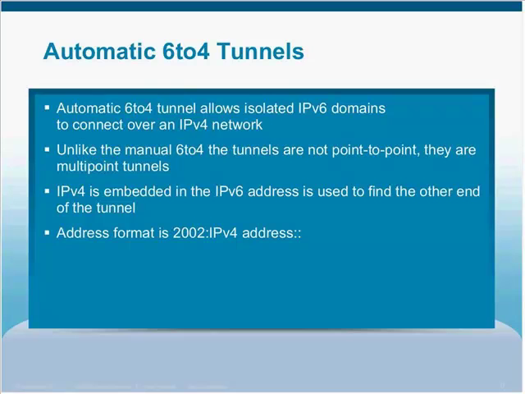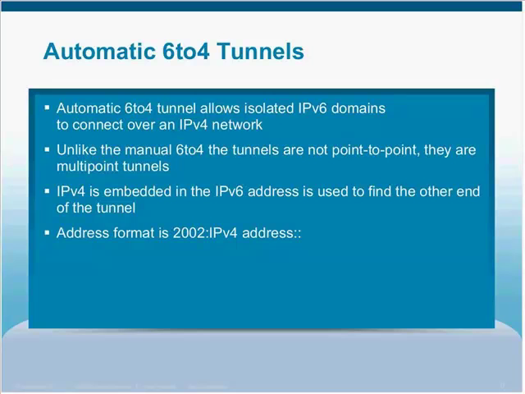Unlike the manual tunnels, which were basically point-to-point techniques, the automatic 6to4 is a multi-point tunnel technique. So at this point, you won't be able to configure the tunnel destination on the tunnel interface itself. So how do we actually forward packets to the proper router if we don't have the tunnel destination configured as such on the tunnel interface?